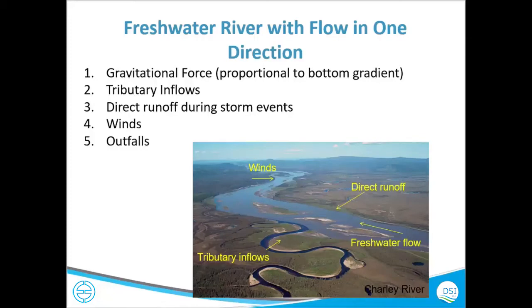Some of the important factors here are the inflows, tributary inflows, and main river inflows, direct runoff, and it can have an outfall, like some plant discharging their output, and it could also have groundwater coming from somewhere that you want to include. So these are the main things that you want to include.